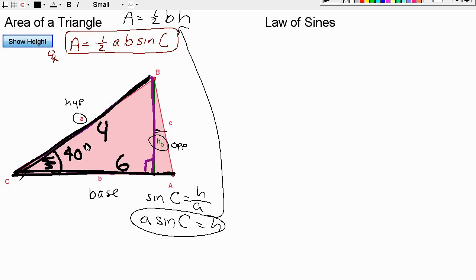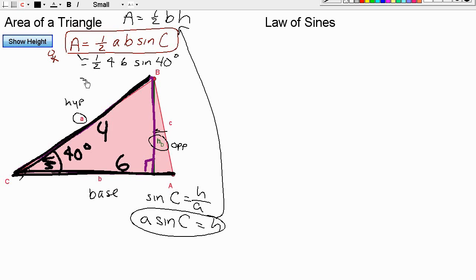If I have all that information here, I can plug it into my formula: 1/2 times, let's say my length is 4. Now, it really doesn't matter if A was 4 and B was 6, because in the end the multiplication is the same. 1/2 times 4 times 6 times the sine of 40 degrees.